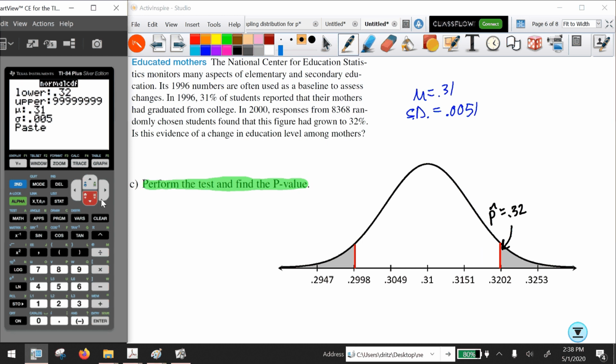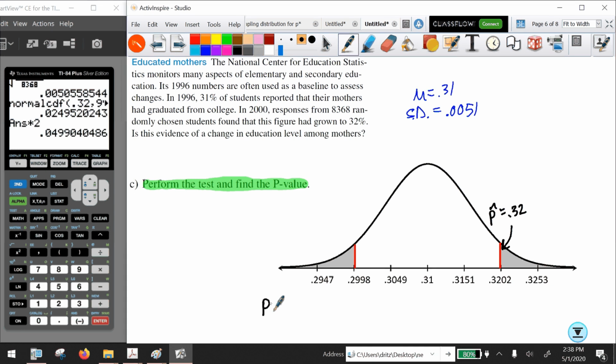Set my mean at 31. I'm going to make my standard deviation 0.0051. And I get this area on the right tail is 0.02495. I'm going to multiply that by 2 to find the area of both parts. And we get 0.0499. So that area under the curve is actually called our p-value.